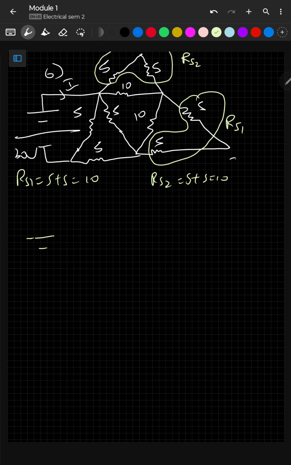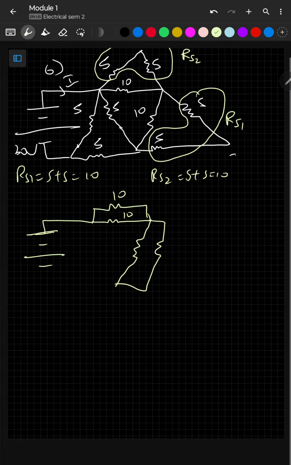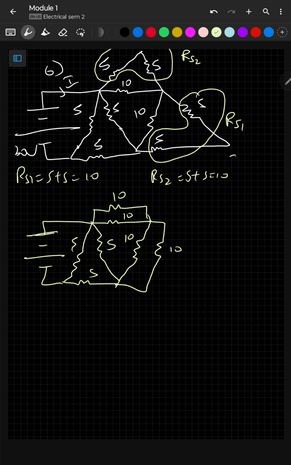However you understand, you draw. We can see that these two are in parallel. Similarly, these two are in parallel. RP1, RP2. So RP1 will be 10 by 2, 5.